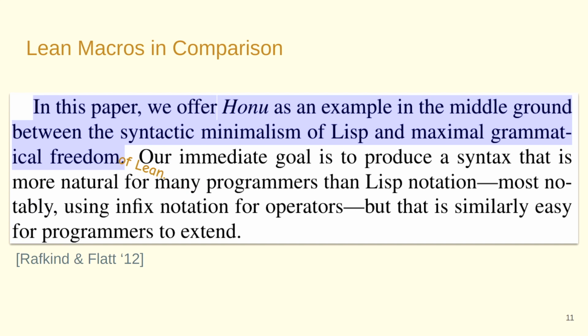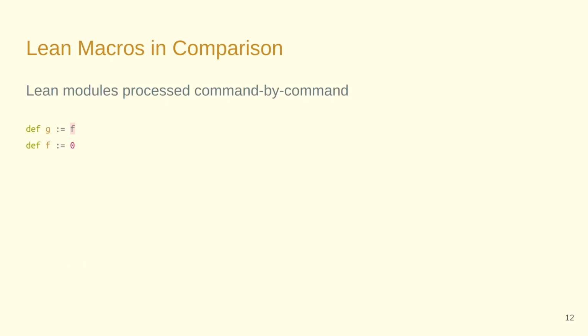Right, but let me get into a bit more detail about why I think these languages explore these different design spaces, and what it enables Lean to do to work exactly like this. So what you need to know about Lean is that Lean files are processed command by command, strictly top-down, like good OC.